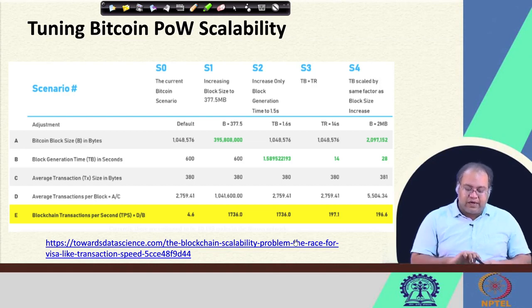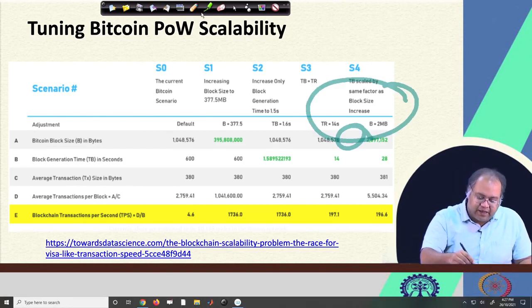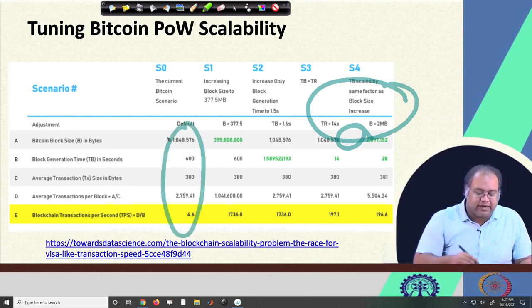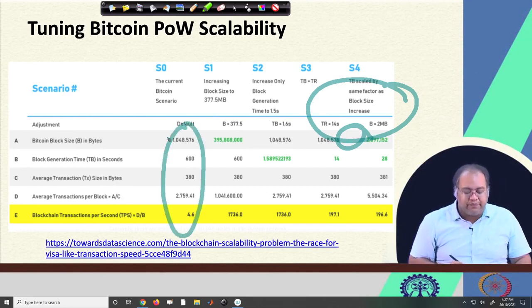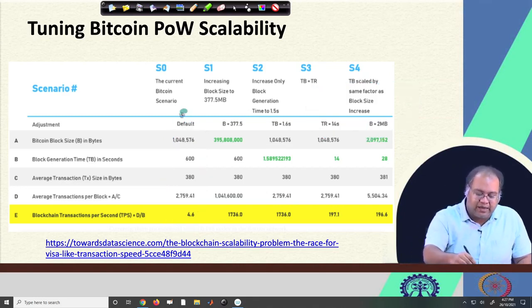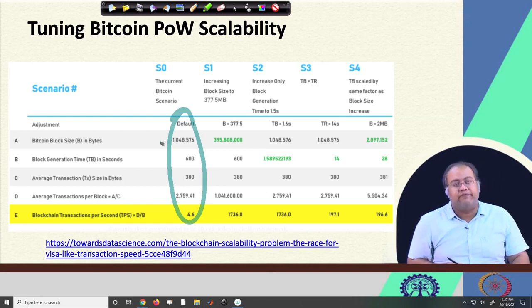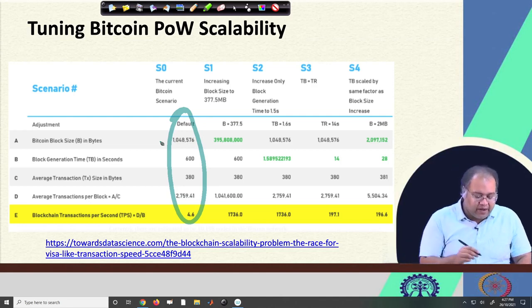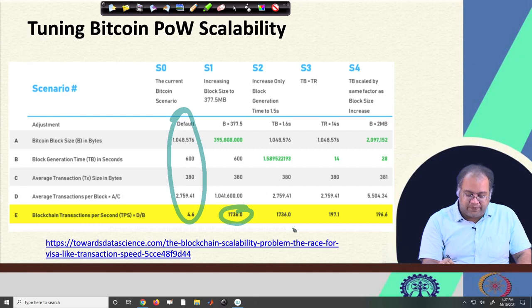Now, the default we have seen is 4.6 transactions per second, where I have 1 MB as the block size and 10 minutes, or 600 seconds, as the time for committing a block. Now, let us assume that I want a TPS equal to Visa's.